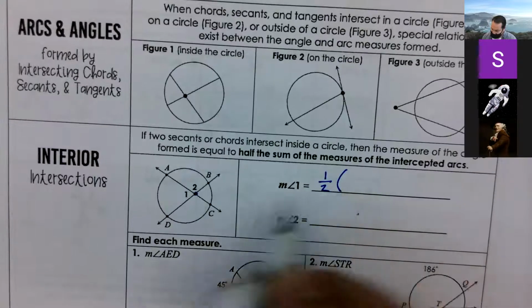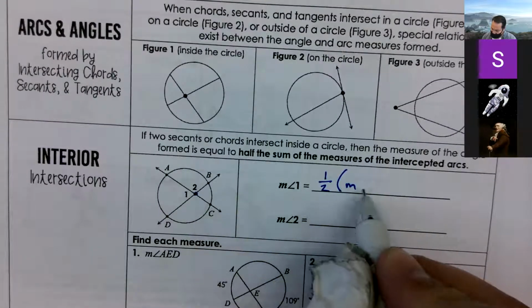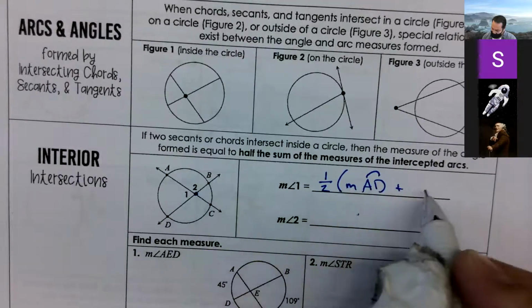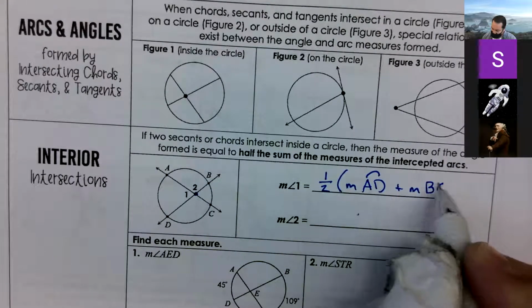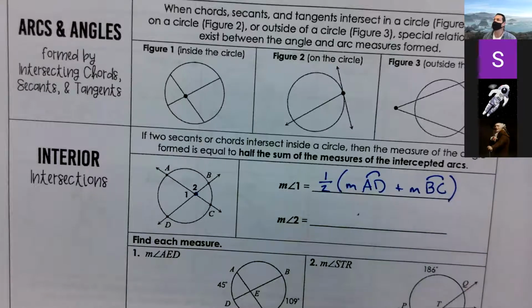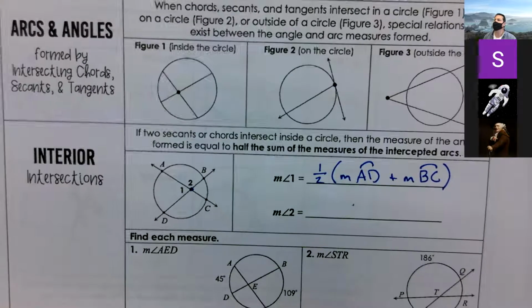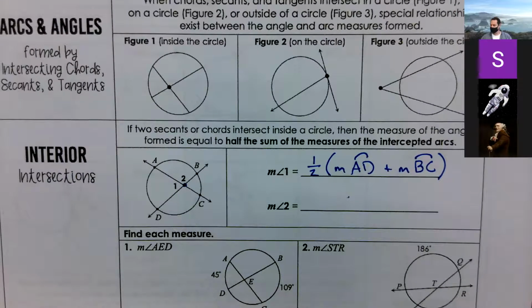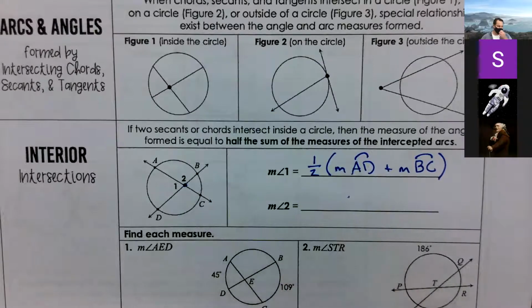So 1/2 of the measure of arc AD plus the measure of arc BC. Can you please try to fill in the measure of angle 2? What should that say?